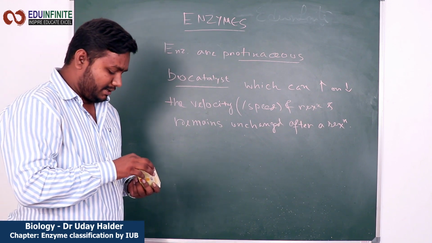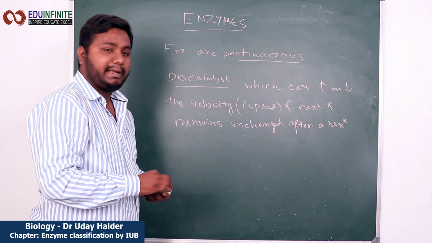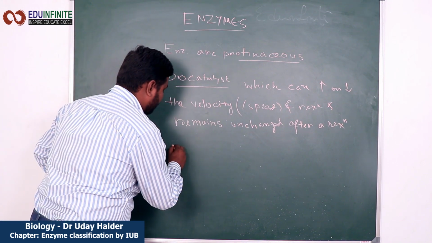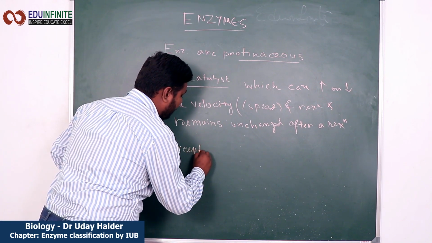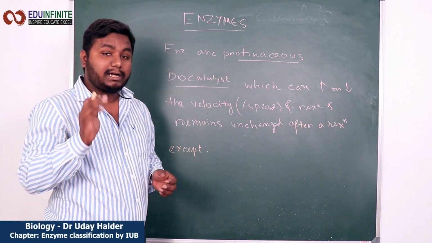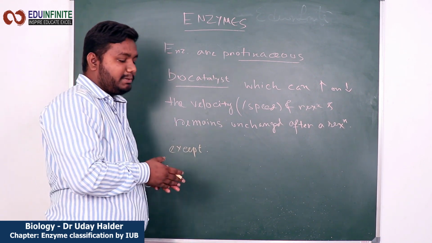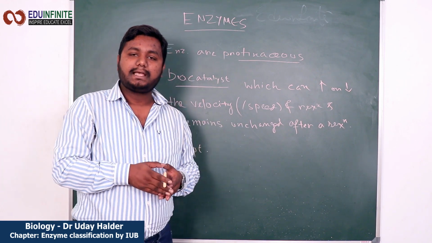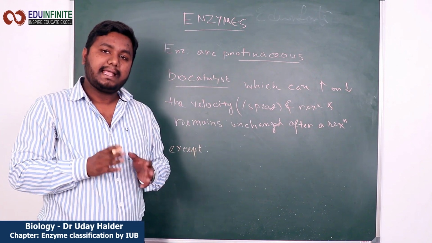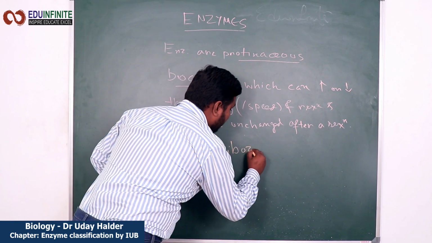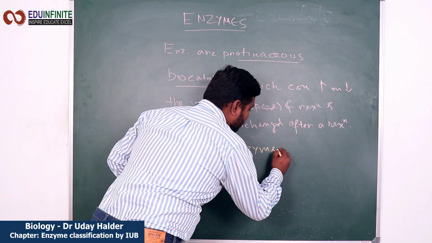So I told you that all the enzymes are made of proteins, but there are few enzymes which are not made of proteins. They are made of RNA molecules. Yes, you will be surprised to know that sometimes RNA molecules behave like enzymes, and we call those enzymes ribozyme.